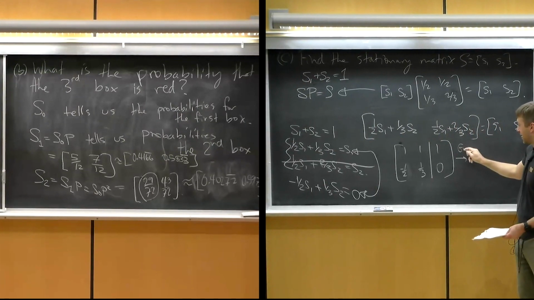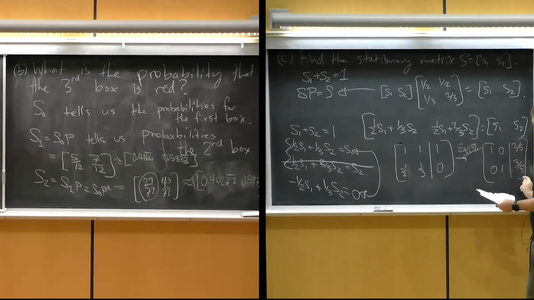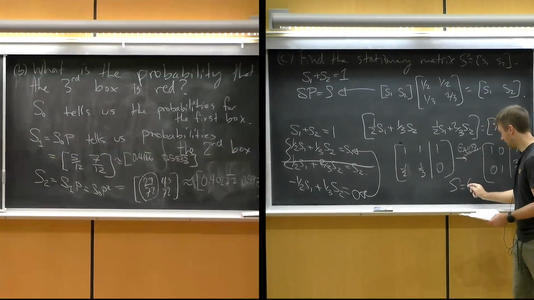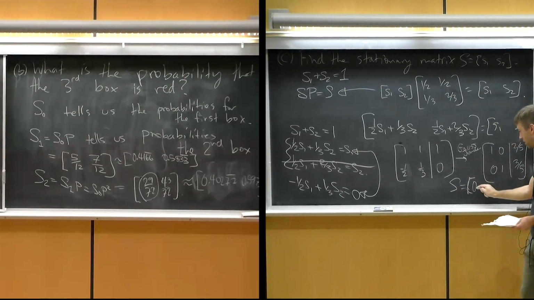And then I'll skip a few steps here because we've done so many examples with Gauss-Jordan. But this tells you that you get 1, 0, 2/5, 0, 1, 3/5. So the stationary distribution is 2/5 and 3/5, which is the same as 0.4, 0.6.